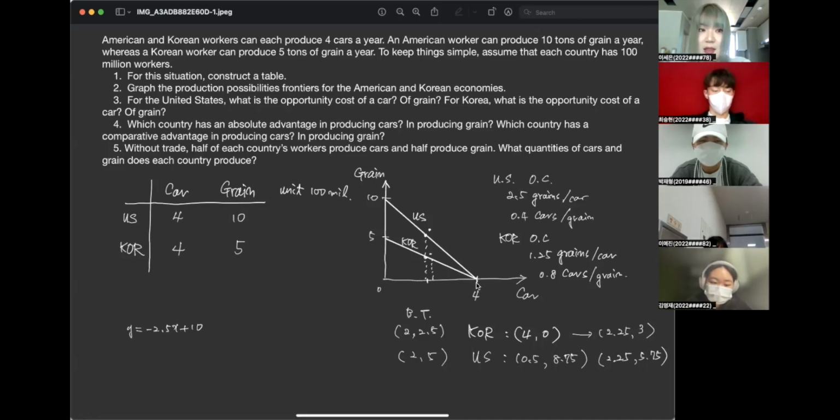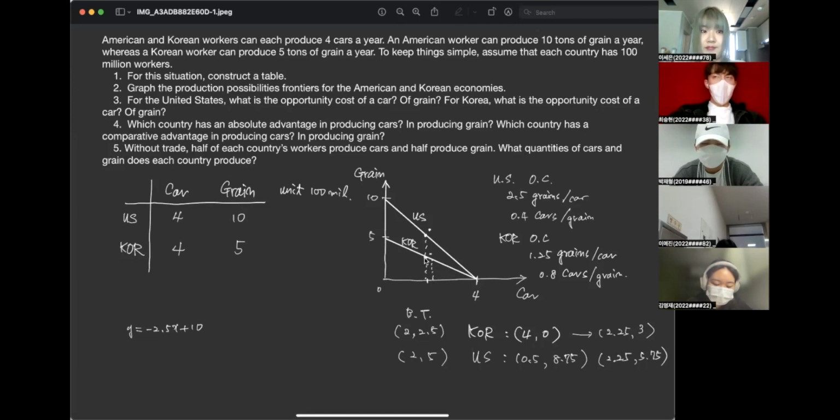Before that, let's think about the general assumption we made before in lecture 2. Before trade, Korea and the US can produce any point on the PPF, but we assume that they simply split production half and half between cars and grains and consume it.